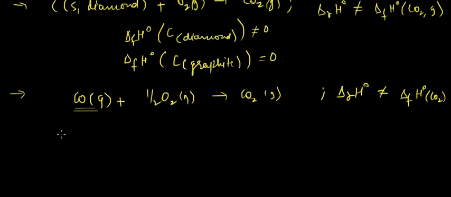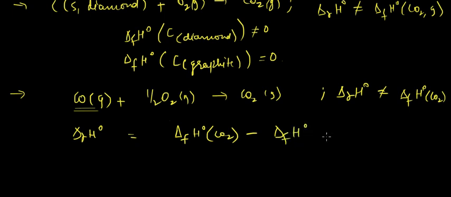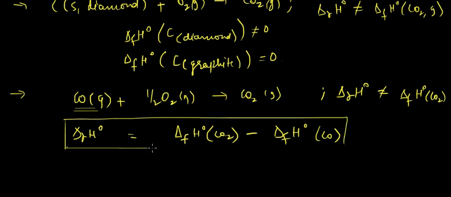Rather, delta RH naught for this reaction would be delta FH naught of CO2 minus delta FH naught of carbon monoxide.